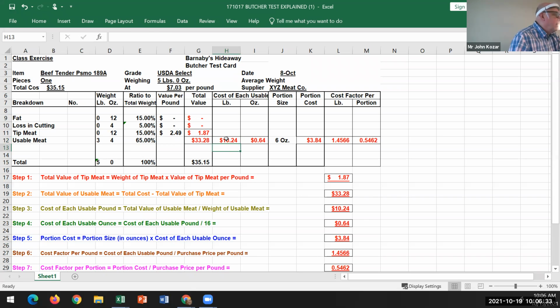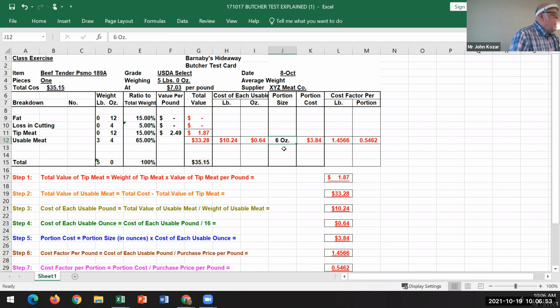So the cost to us is really $10.24 for each of the usable pounds that we have left. If we divide that by 16, it's 64 cents an ounce.